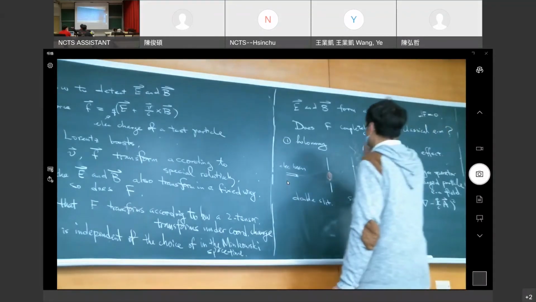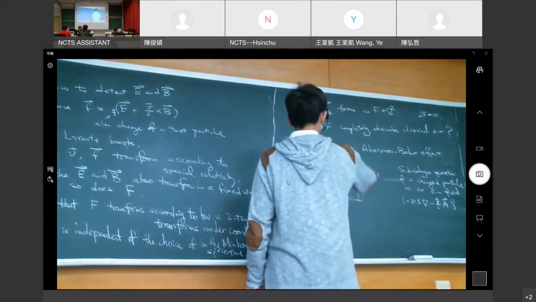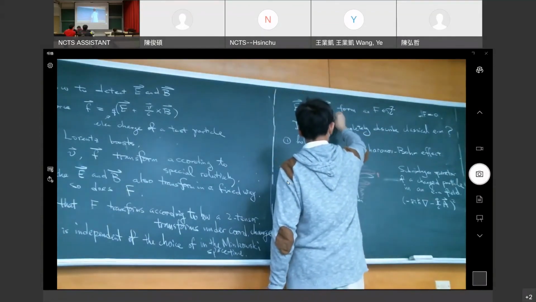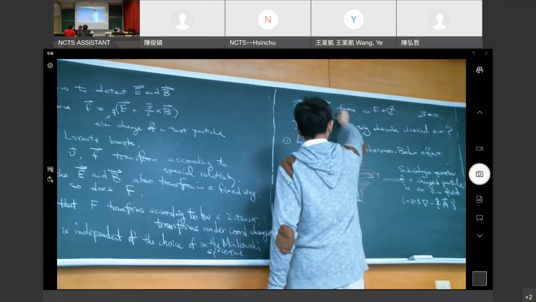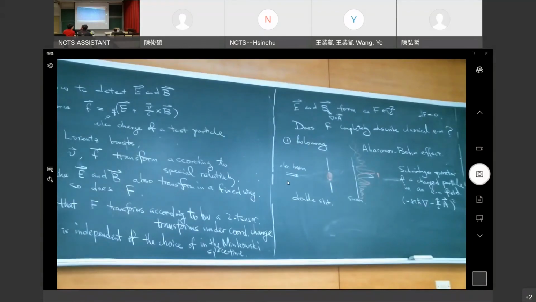The vector potential is defined as follows: since B has divergence 0, then locally it is the curl of another vector field A, and that A appears here.